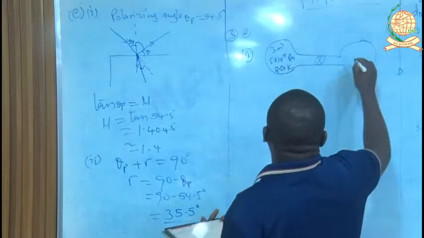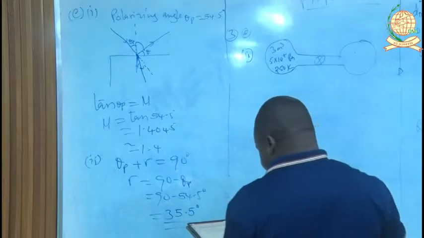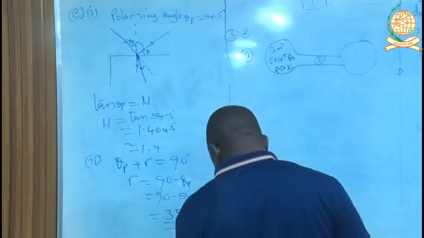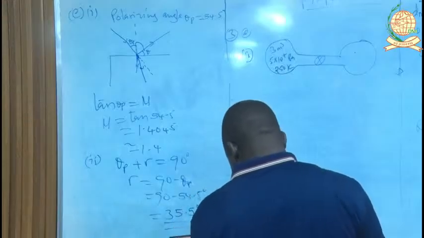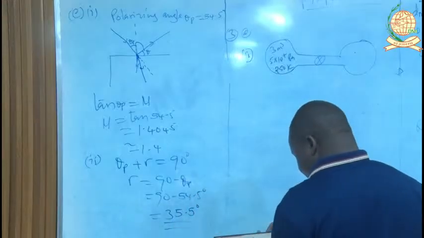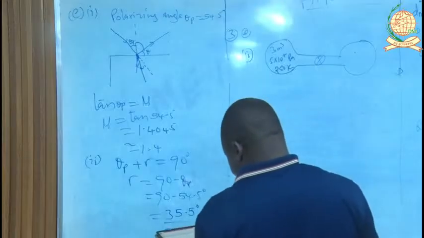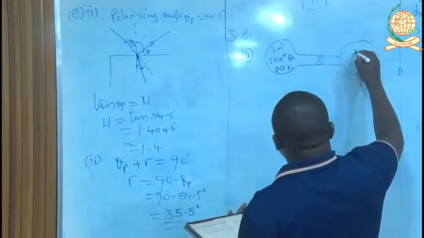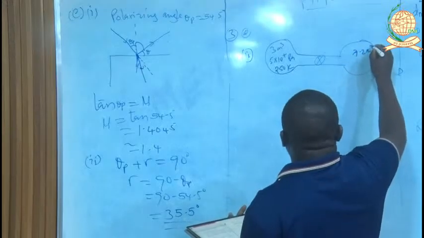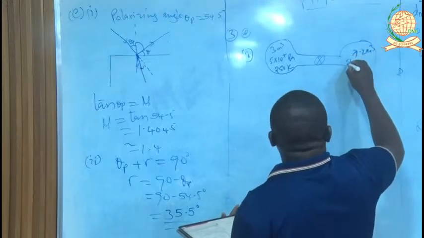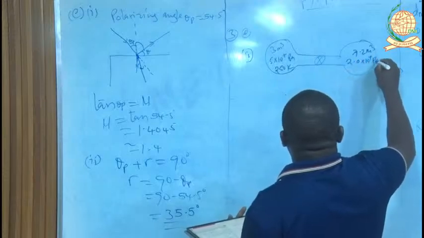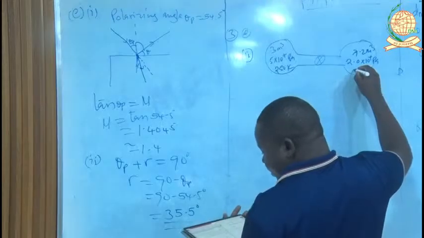Here it is 7.2 meter cube, pressure is 2.0 times 10 to the 4 Pascal, and the temperature is 400 Kelvin.